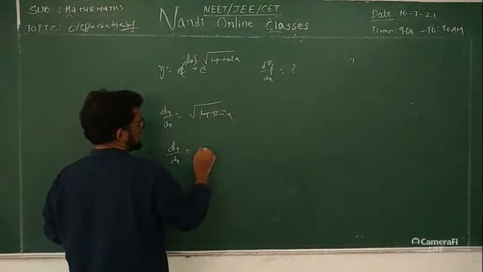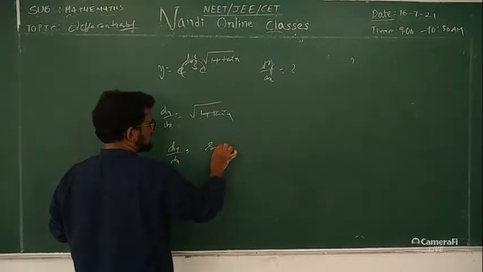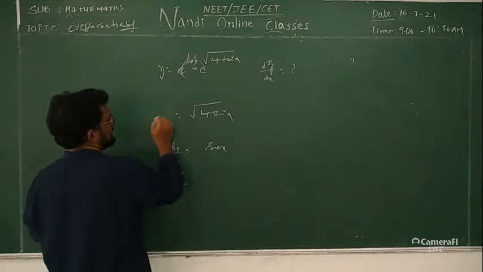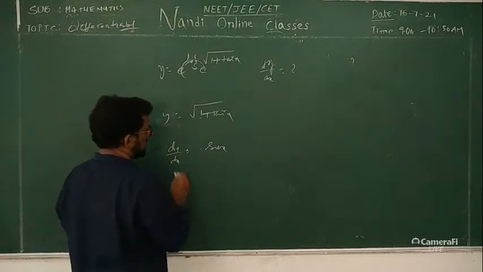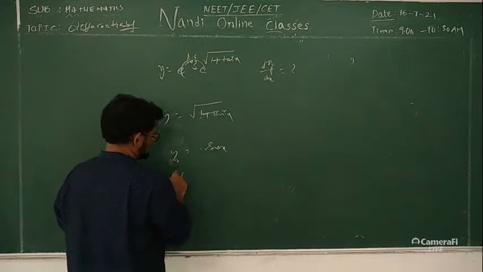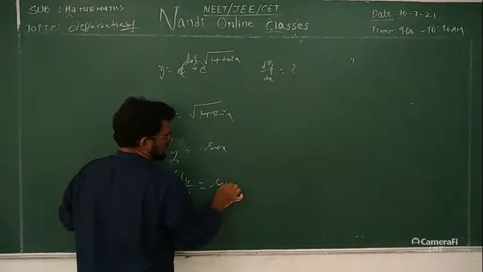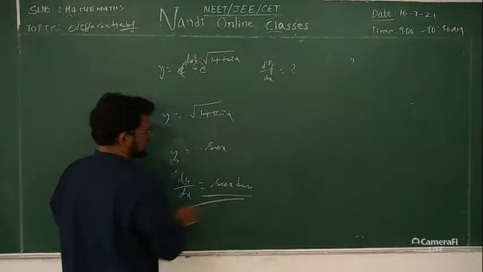So 1 plus tan square is nothing but secant square x. Differentiating, your dy by dx is 2 secant square x tan x is the answer.